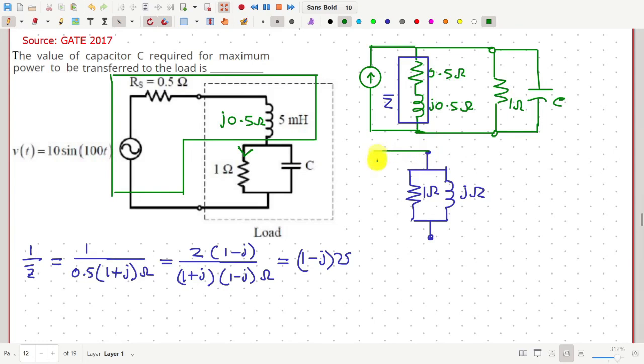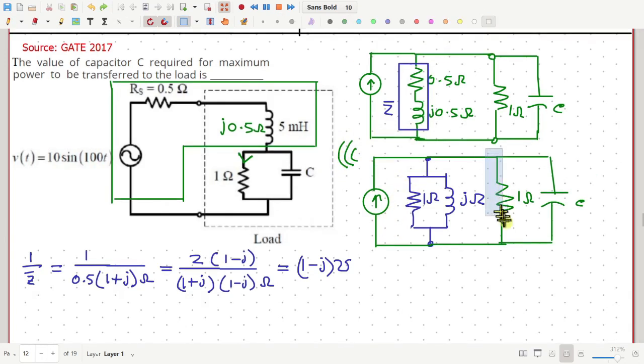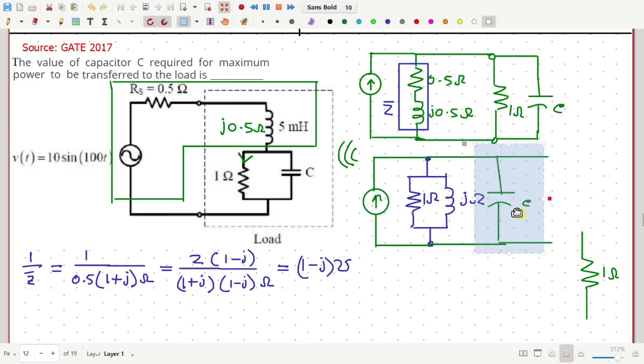Now let me keep the rest of the circuit as before. So you can check that these two circuits are equivalent. Next, let me put this resistance after the capacitor, and this is still equivalent to the original circuit.